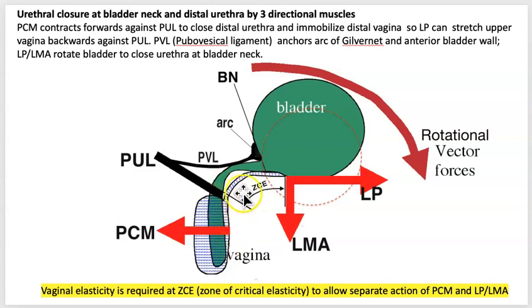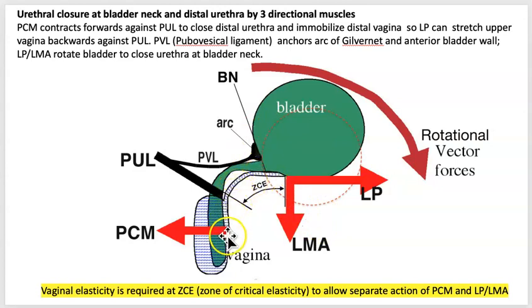The next thing that happens is this levator plate, you saw it pulling back, it tensions the vagina and the urethra, and this next muscle downward rotates and closes the bladder neck. But look here, there's a ligament which is parallel to the pubourethral. It inserts into the arc of Gilvernet, and this is very firm, so that the downward muscle then rotates and closes it off here.